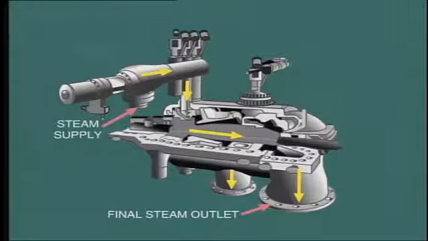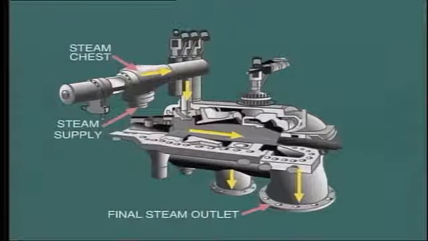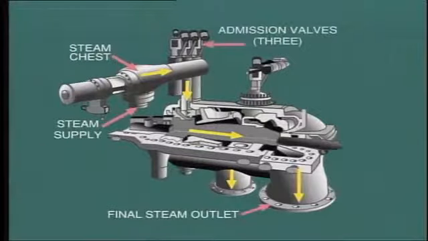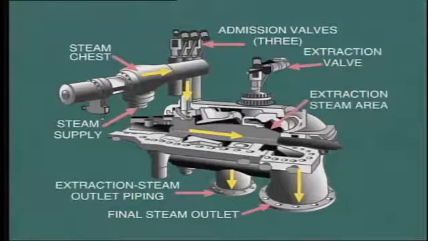Steam is supplied to the steam chest from the boiler after passing through the turbine stop valve. The amount of steam passing through the turbine is regulated by adjustment of steam admission valves. This in turn controls the output of the turbine and the coupled generator. At various stages along the steam path, steam is extracted from the turbine.